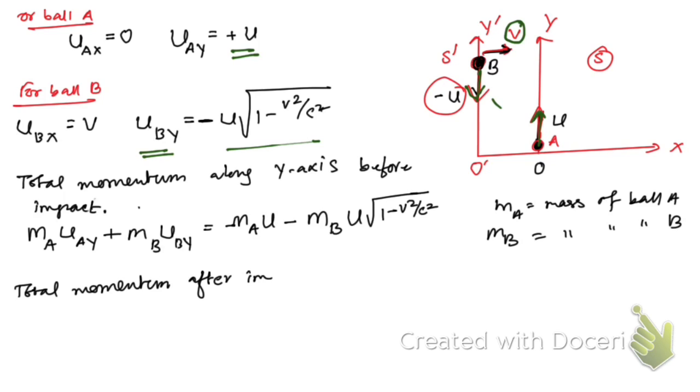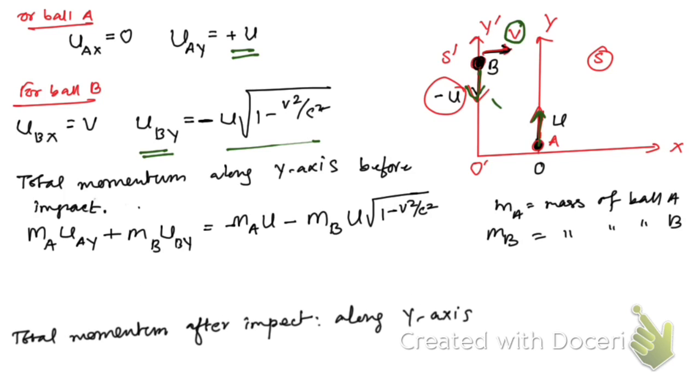To find the total momentum after impact along the y-axis, first we need to find the velocity components along y after impact.